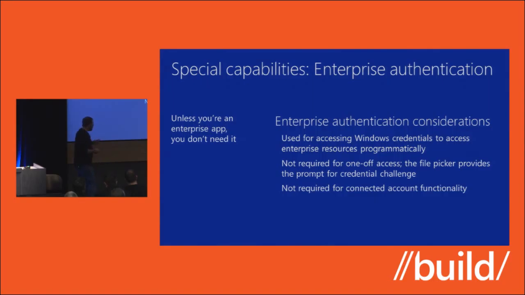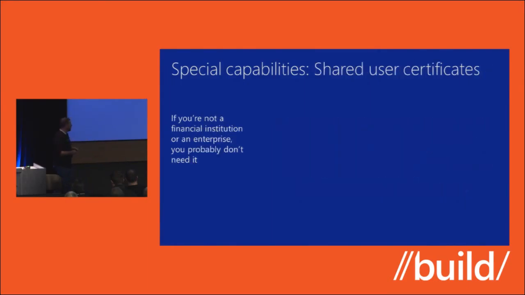And as I mentioned, the same misunderstanding around prompting for credential challenge, it's also not needed for your connected accounts. If you're integrated with Windows Live or you're integrated with some other cloud service, you don't need enterprise authentication to accomplish those things. It works just the same as it would without it. So you're going to get a challenge if you're not integrated, and customers can enter their data. You can persist that, and the customer moves forward without the additional risk.